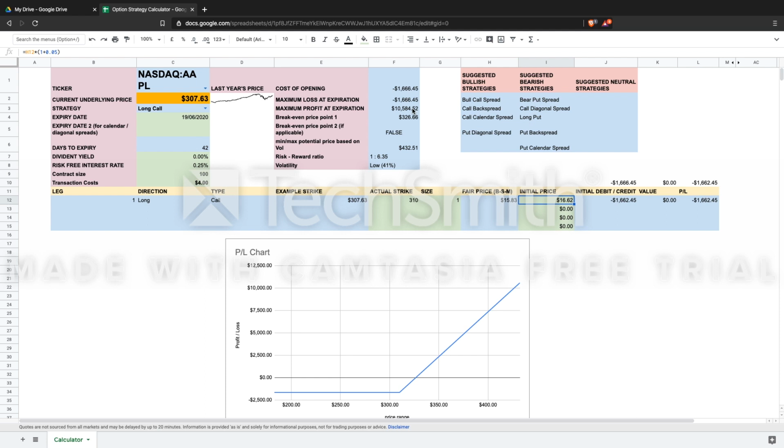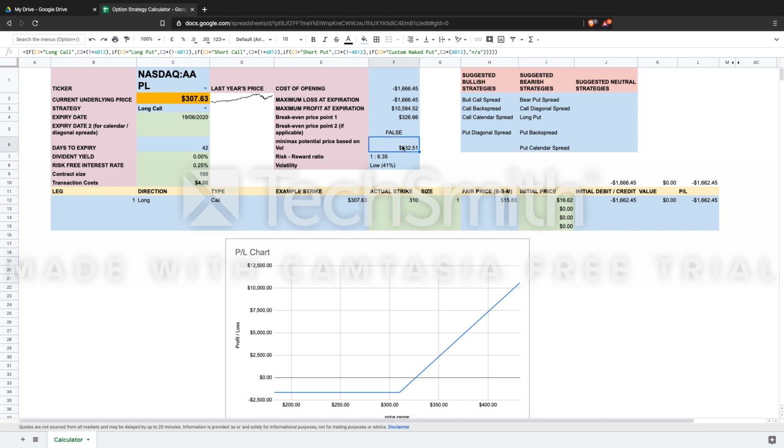Maximum profit, in the case of long calls or long puts, there's no really maximum profit, because the stock can move high, and theoretically there's no limit to how high it can go. But based on the volatility of each stock, what I calculate is the potential maximum price that it could reach during this time period.